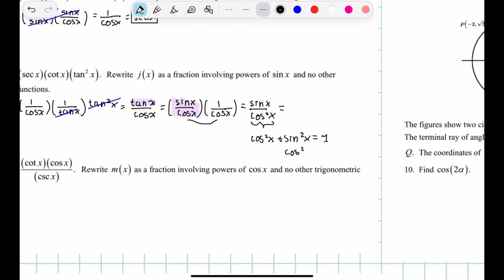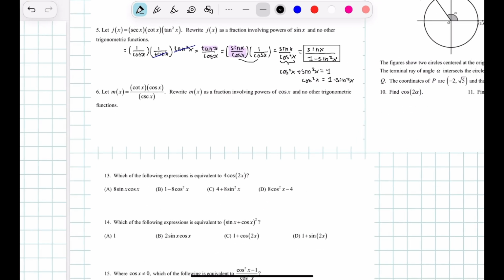So you just solve for cosine squared of x. That's just going to be 1 minus sine squared of x. So then you have sine of x divided by 1 minus sine squared of x. Perfect. Box your answer, and let's move on to the next question.